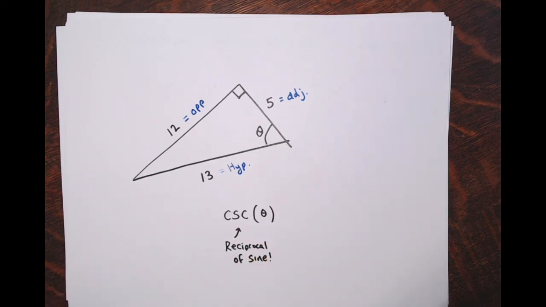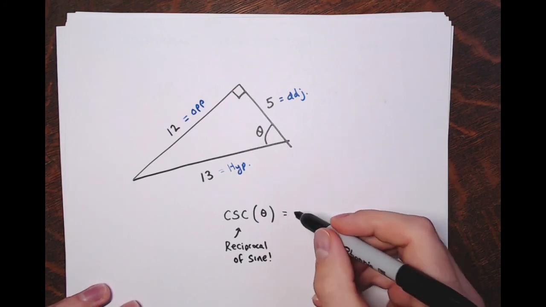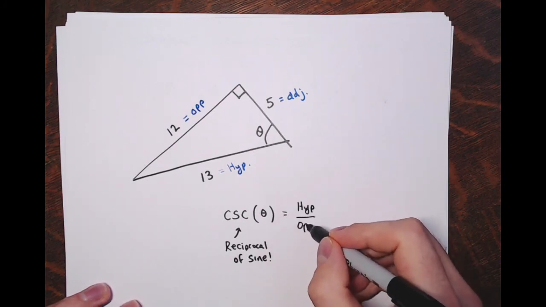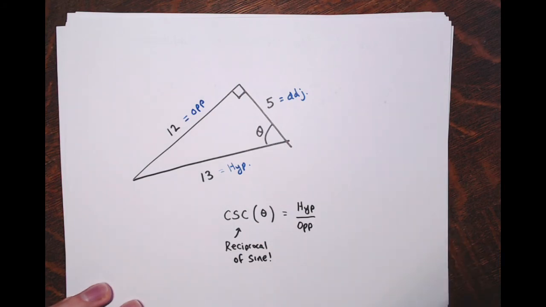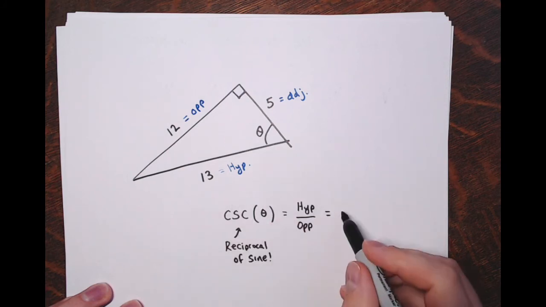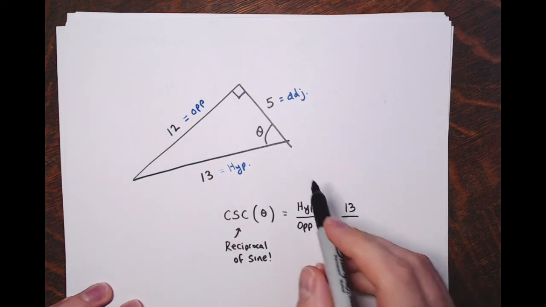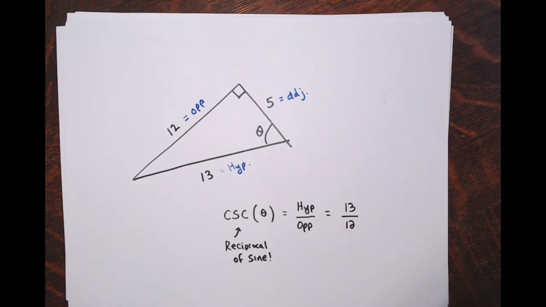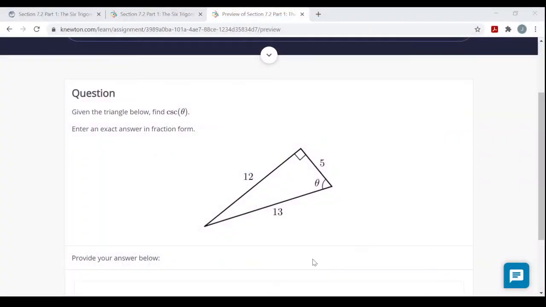The sine of an angle was the opposite divided by the hypotenuse, so the cosecant is the hypotenuse divided by the opposite. Just flip over the sine. The length of the hypotenuse here is 13 units. The length of the side opposite angle theta is 12. So we're going to enter 13 twelfths.